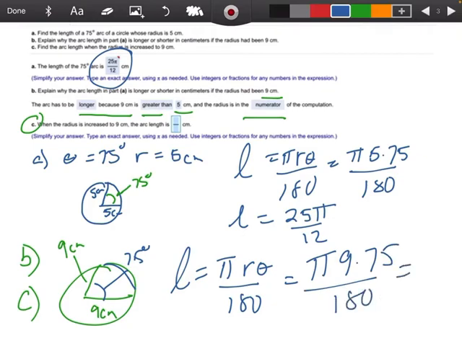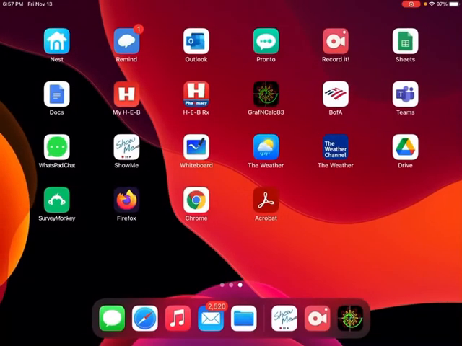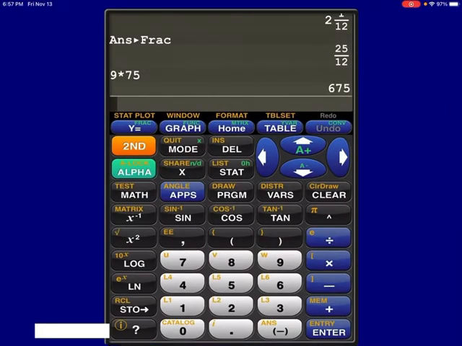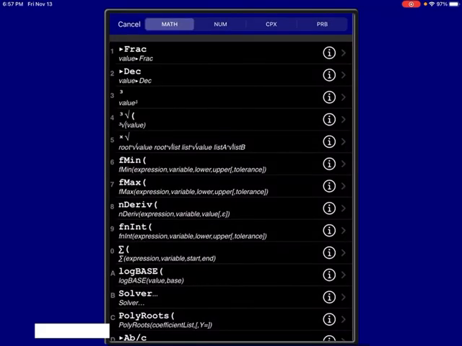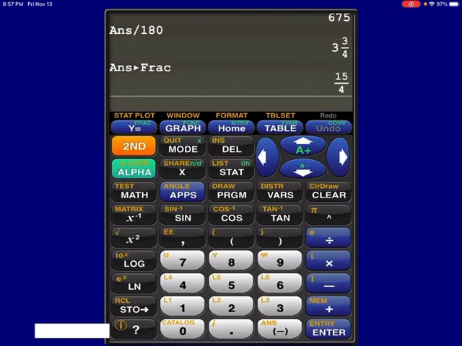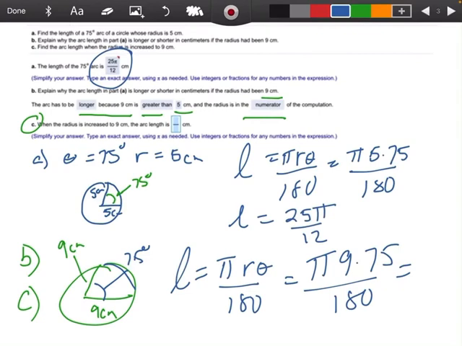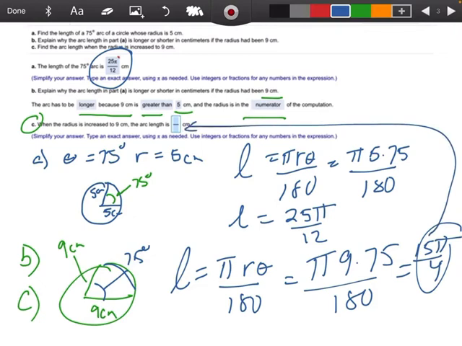I do the same thing in my calculator: 9 times 75, divided by 180. Hitting the fraction button gives 15 over 4. Don't forget, we still have the pi, so this is 15 pi over 4, and that is my answer for part C.